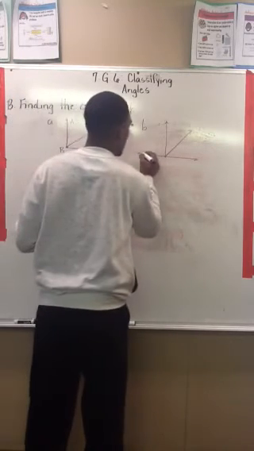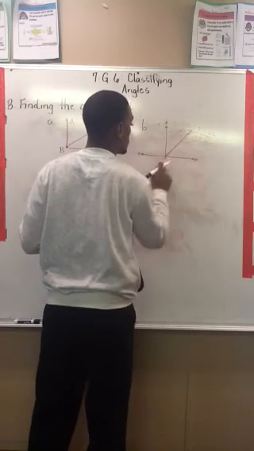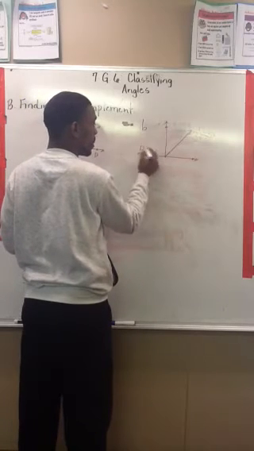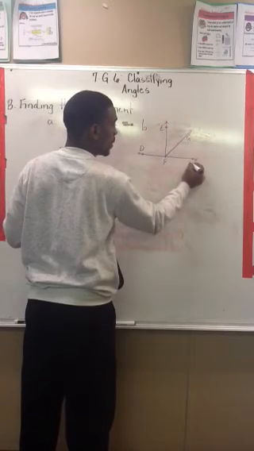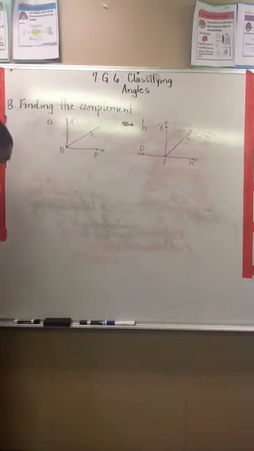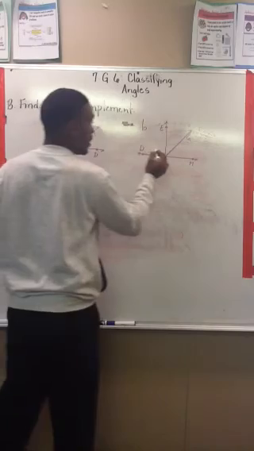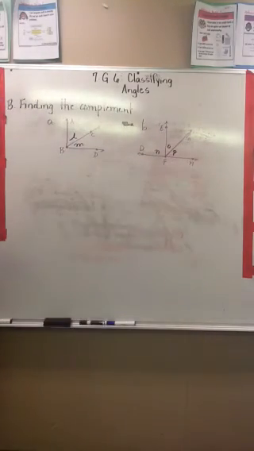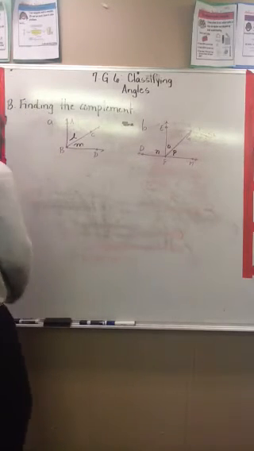Put some letters on them and some endpoints. Okay, this is called the vertex because this is where they share a common point. Okay. Now, let's put some variables in between. Put L here, M here, N, O, P.